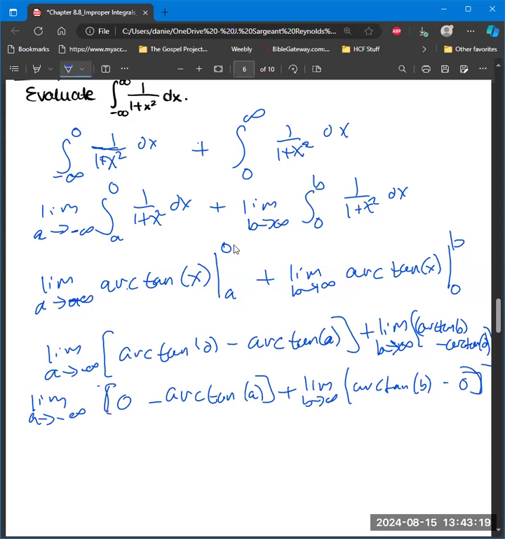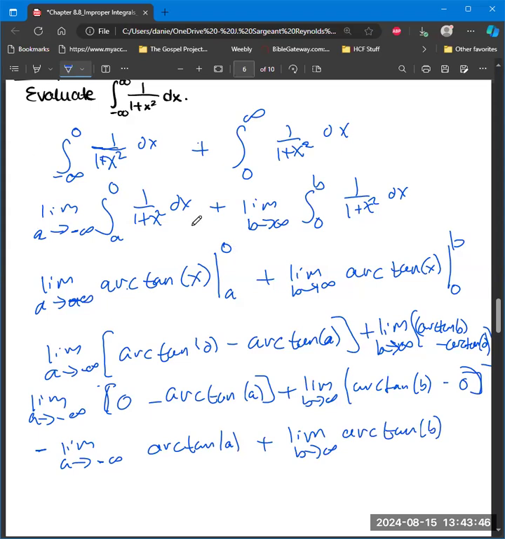It's going to be the limit as a goes to negative infinity of negative arctan of a, plus the limit as b goes to infinity of arctan of b.